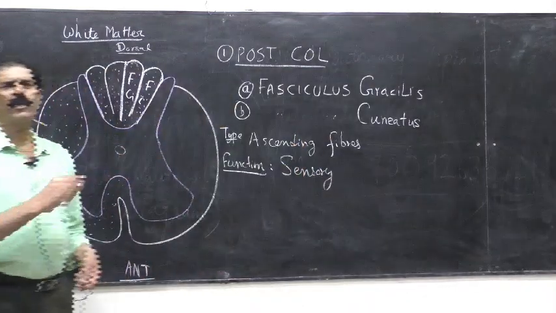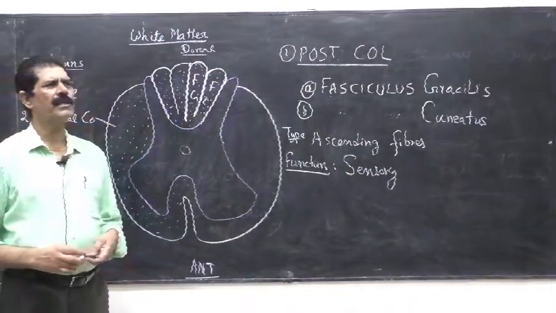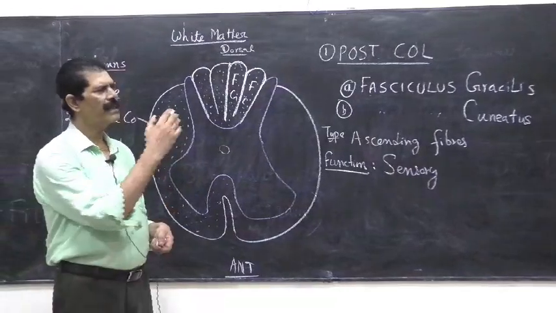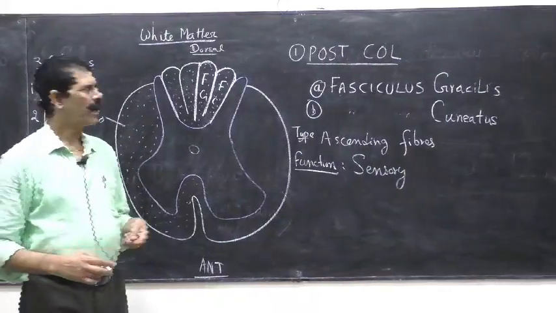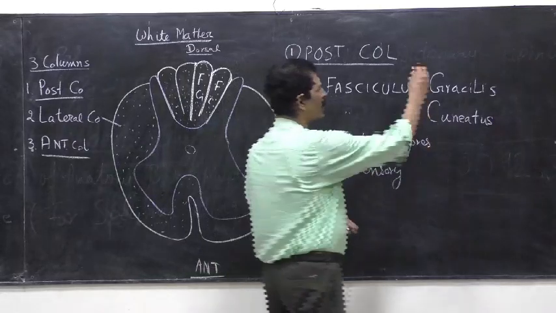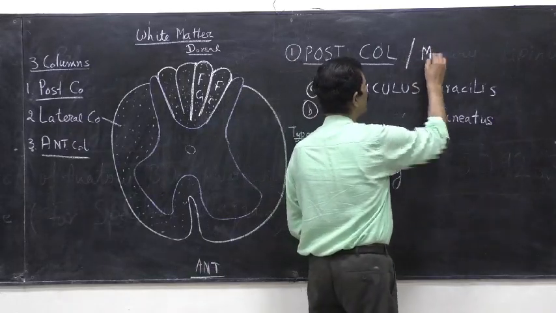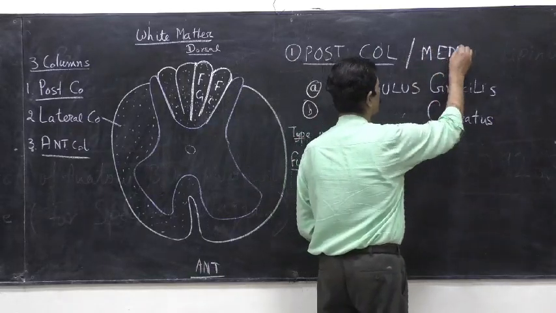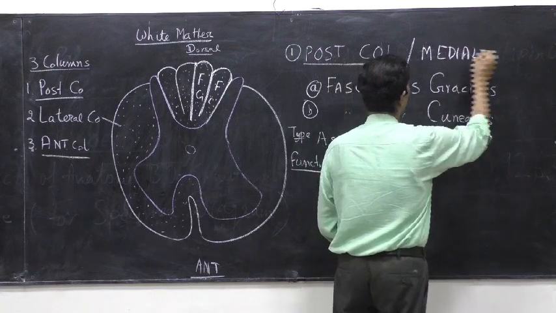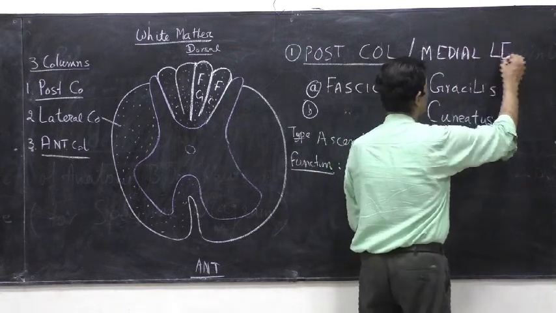So this is how to attempt the question. Whenever a question of the posterior column comes, you have to make the headings and subheadings. Then how to attempt? So posterior column is also called medial lemniscus.